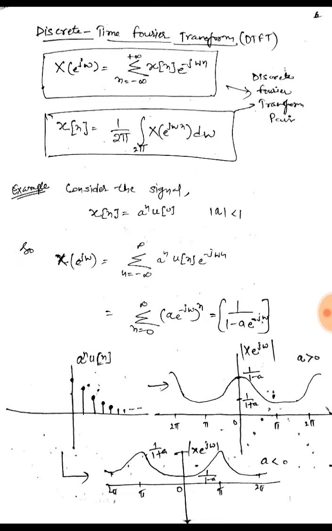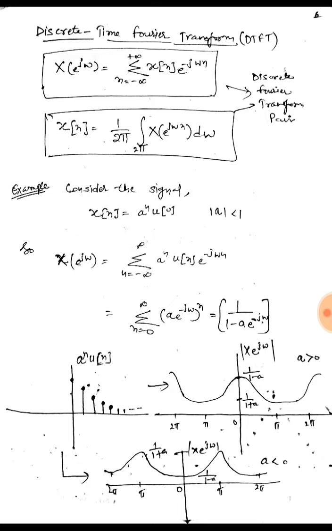So as we have already seen the expressions for continuous time Fourier transforms, in discrete time Fourier transform we will perform the Fourier transform operation on the discrete signals, that is the signals which are discrete in time domain but continuous in amplitude or magnitude domain.